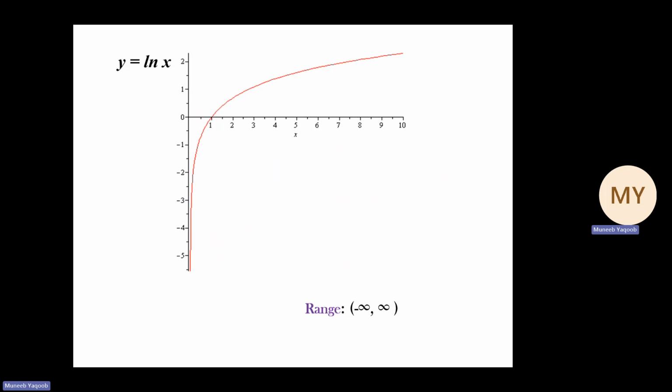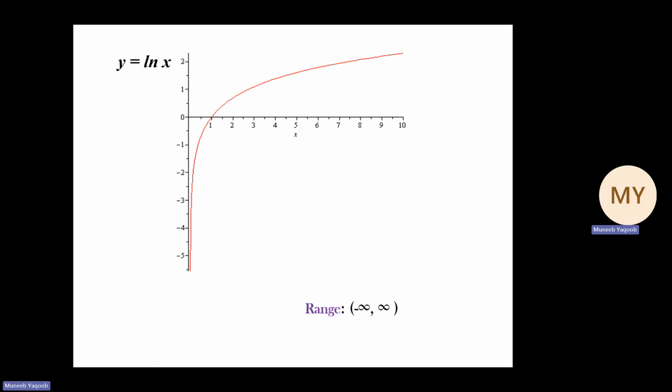Similarly, why is this graph becoming very close to negative infinity at x equals 0? Because if we take, suppose, the example of log, then log of 0.1 is minus 1.